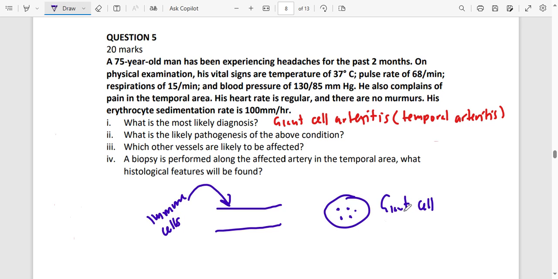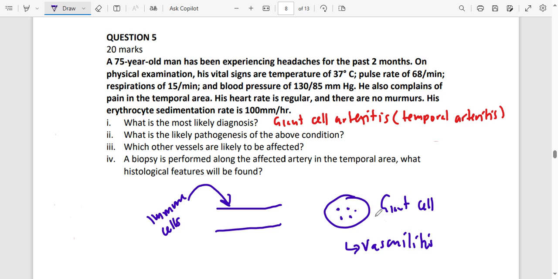And so these giant cells are now going to start destroying or damaging the walls of the artery. First, the immune system starts to attack the blood vessels. That causes inflammation. Inflammatory cells start to join, and that causes the production of a giant cell. The giant cells as well start to destroy the walls of the arteries, and then later on is going to lead to what is known as vasculitis.